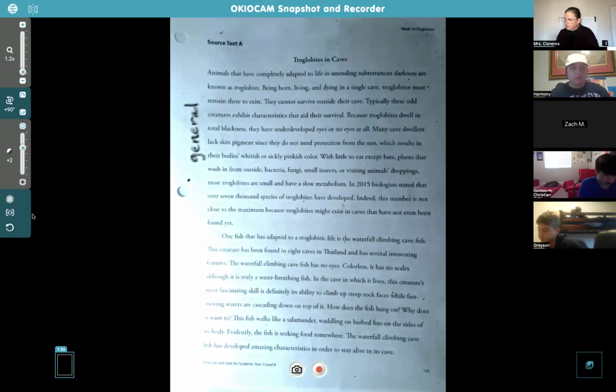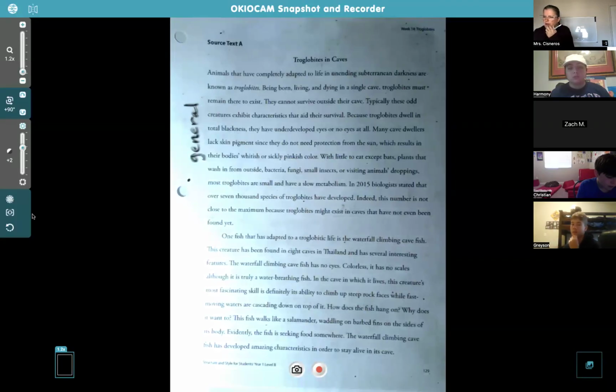One fish that is adapted to a troglobitic... there you go... is the waterfall climbing cave fish. Try to glance through, let your eyes go a little bit and pick out some keywords.